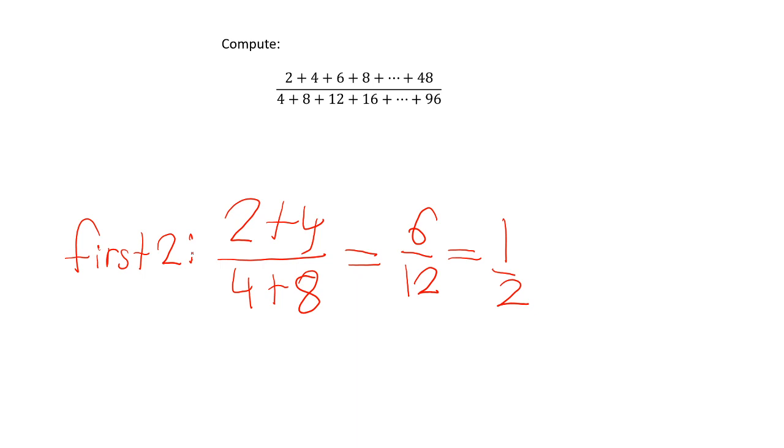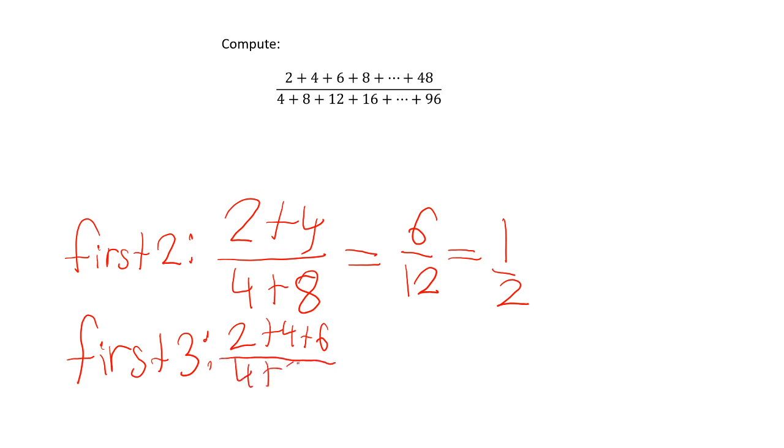Now let's compute the first three. We have 2 plus 4 plus 6 over 4 plus 8 plus 12.